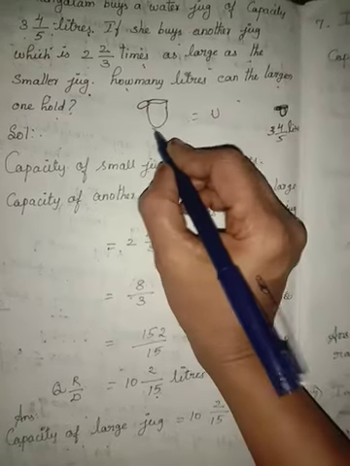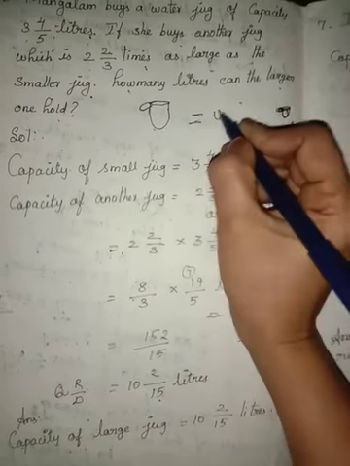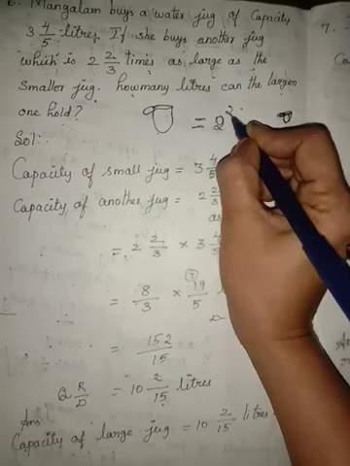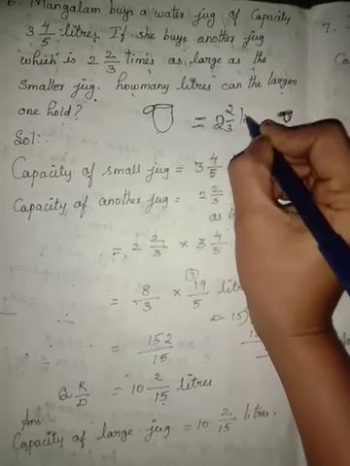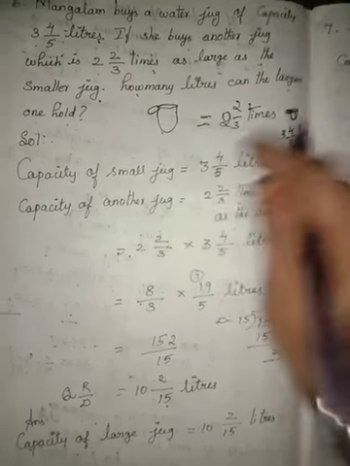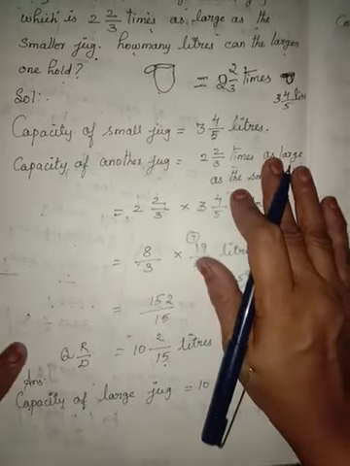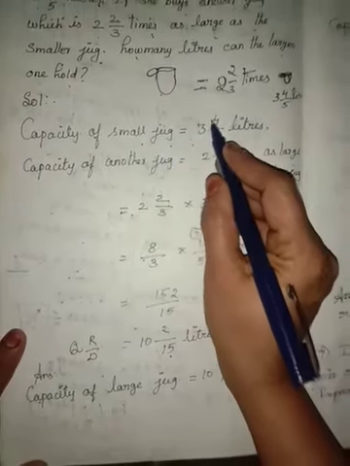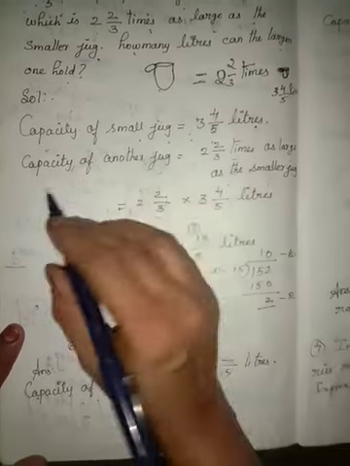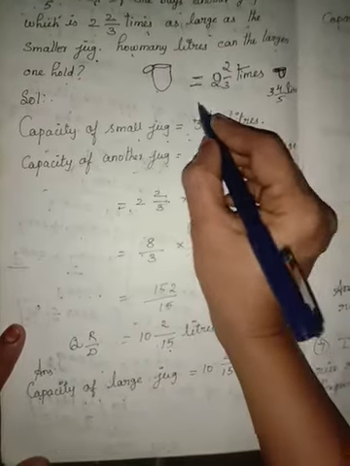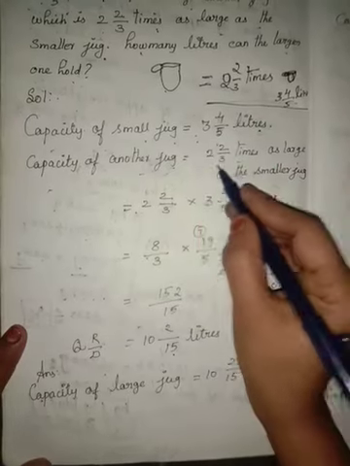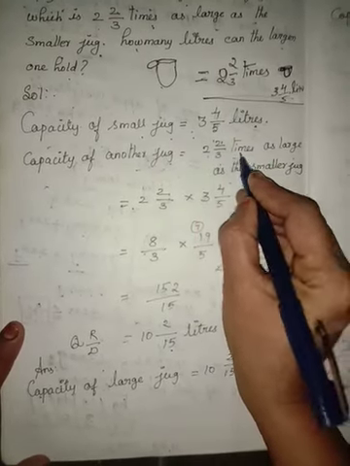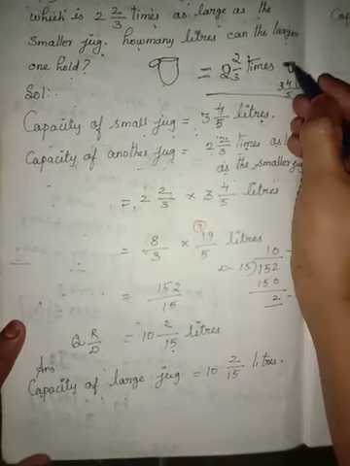The larger jug is 2 by 3 times as large as the smaller. So from this we can easily say that the capacity of the small jug is equal to 3 4 by 5 liters, and the capacity of the other jug is, as stated, 2 by 3 times as large as the smaller.